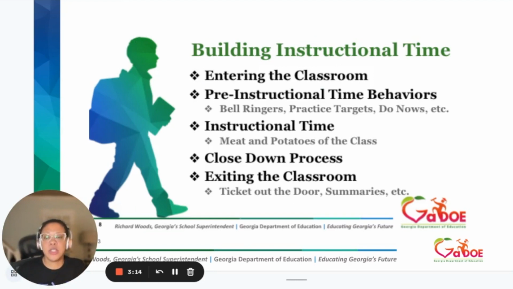So building instructional time is really important when you are trying to build independent musicians, right? You structure your learning time so that every second counts, because you're going to need that time to make them so comfortable with the concepts and the skills necessary and with the music that they're faced with.